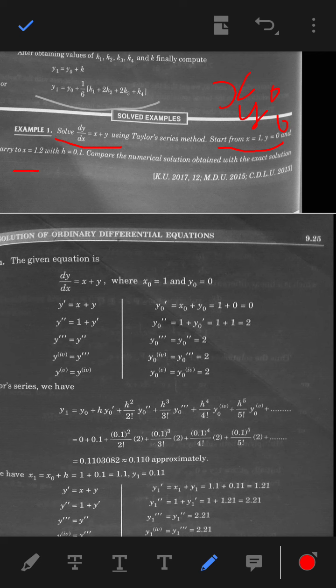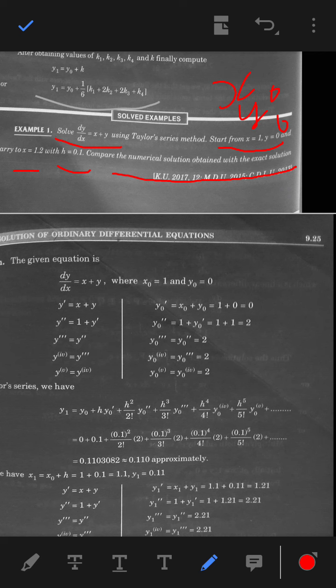So we are to find the value at x equal to 1.2, and we are to take h as 0.1, that is, the gap between consecutive intervals as 0.1, and in the last we are to compare the numerical solution obtained with the exact solution. So this is the problem, and we are to solve this particular problem by using Taylor series method.